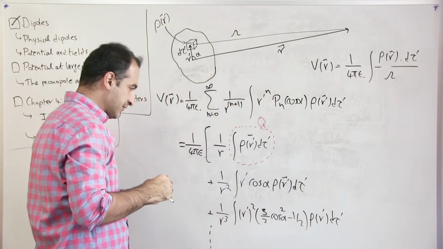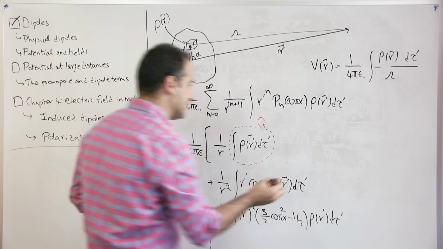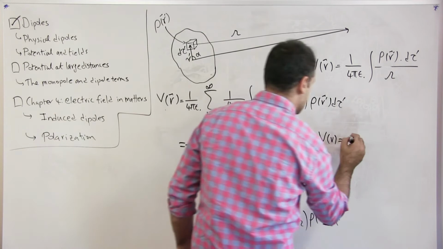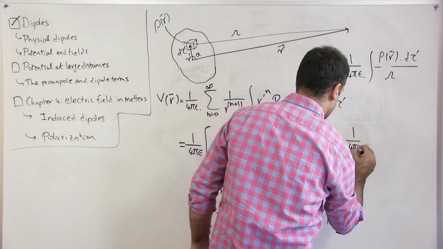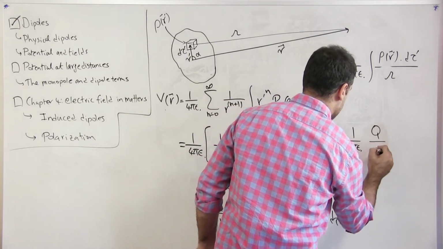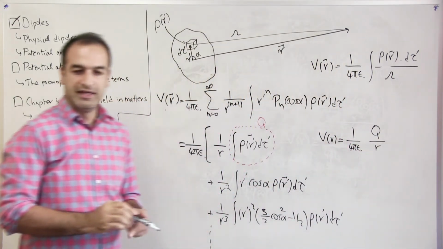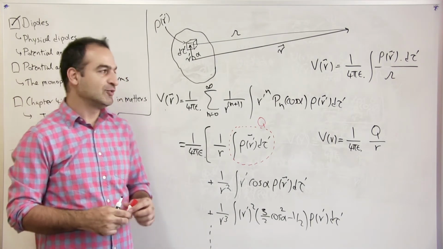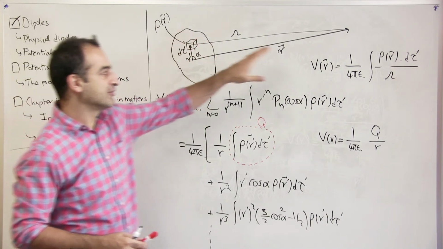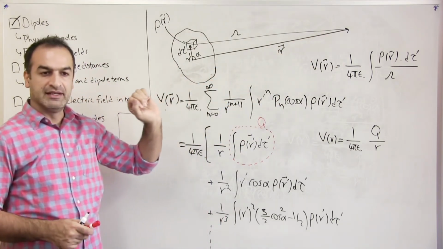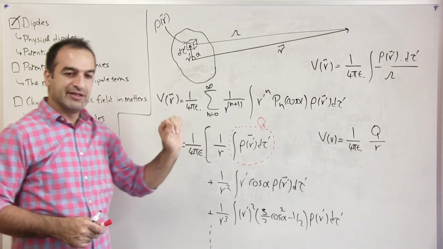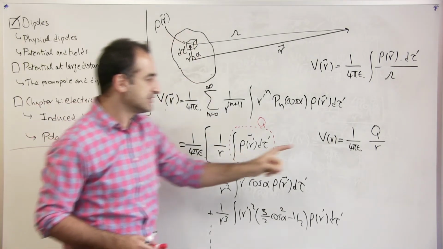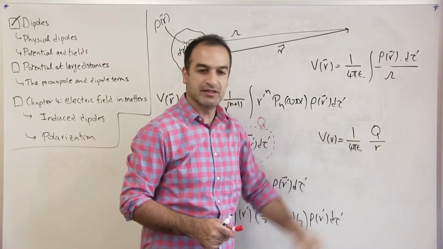So if I write the first term separately, it equals 1 over 4 pi epsilon 0, q divided by r. And as you can imagine, this is really like a zero-order approximation. You have a certain charge distribution here and you are looking at it from far away. If you want to calculate the potential in a very crude way, you just take the whole charge included here and say it's 1 over 4 pi epsilon 0, q divided by r.